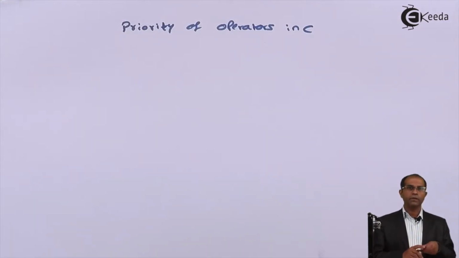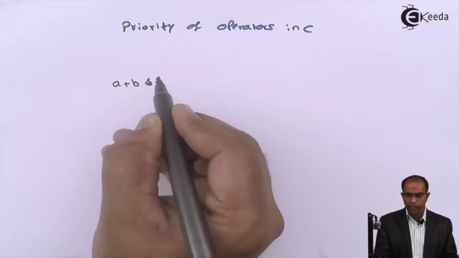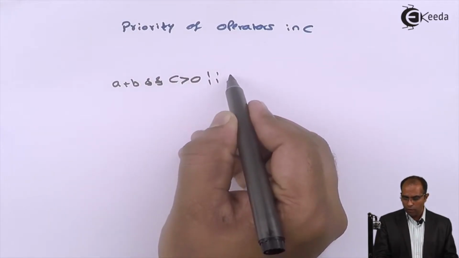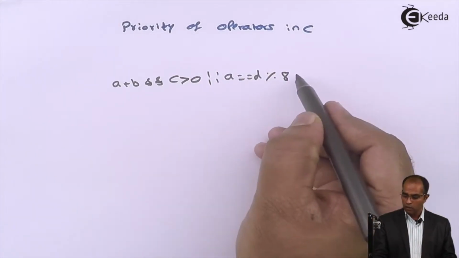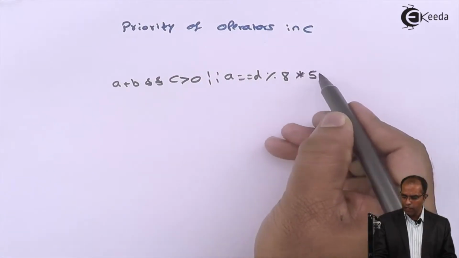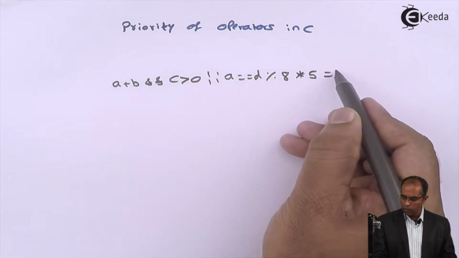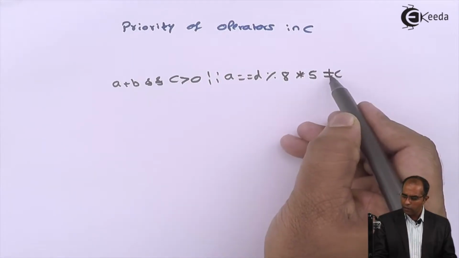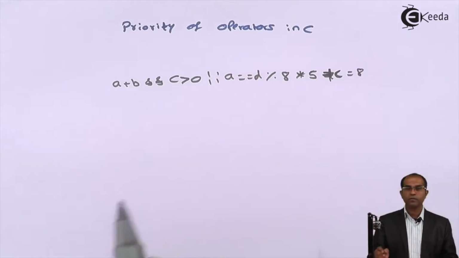Let me take a simple example. Suppose I have a, b, c, f of type integer, and I write a plus b and c greater than 0 or a equal to d modulus of 8 asterisk of 5, and then equal to plus c and then plus c equal to 8.